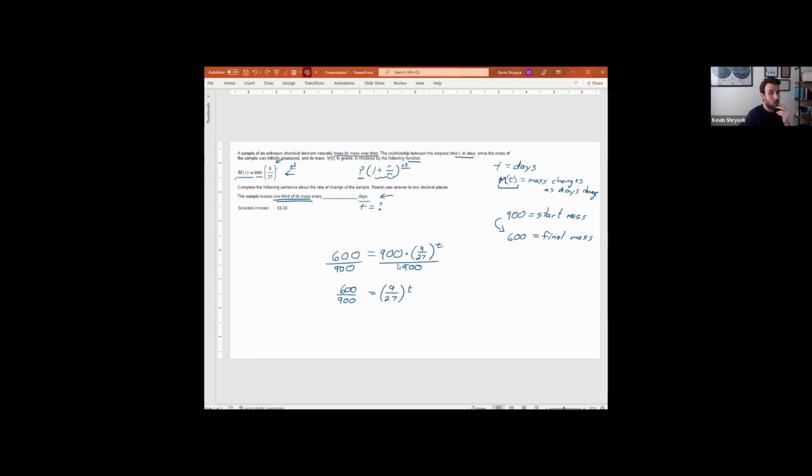The way to work with exponents, the way to undo exponents or expose exponents is logarithms. So we could consider doing a logarithm of both sides. What do we remember about logarithms?